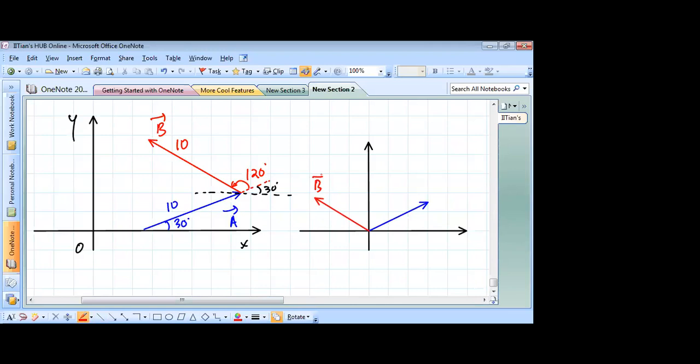This will be the vector B. This will be the vector A. This angle is 30 degrees. Okay. And the vector B is making how much angle with the x-axis? It is making this whole angle, which is 150 degrees. In other words, this angle here is 30 degrees. Okay. And they are both of magnitude 10 each. So this is also 10. This is also 10. Okay.